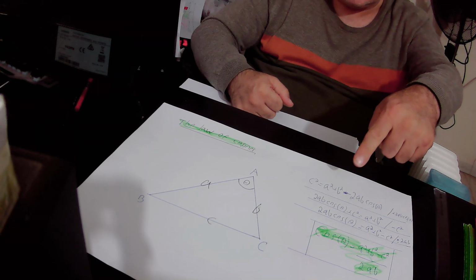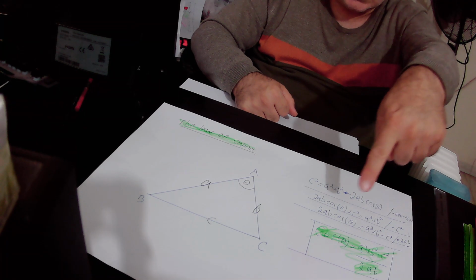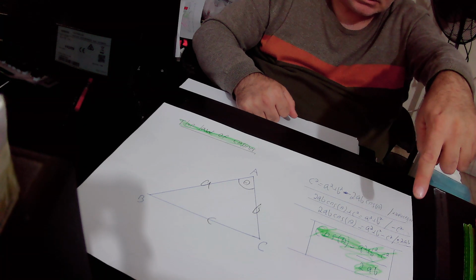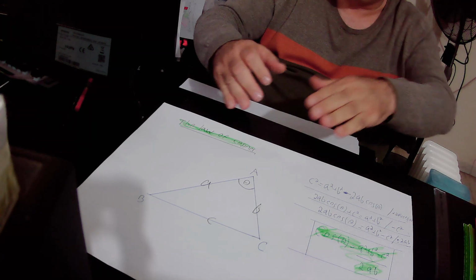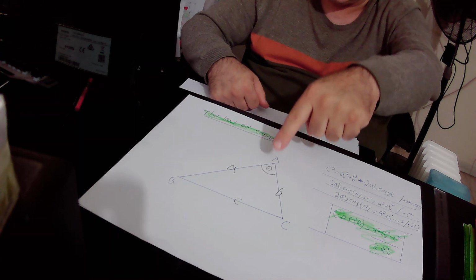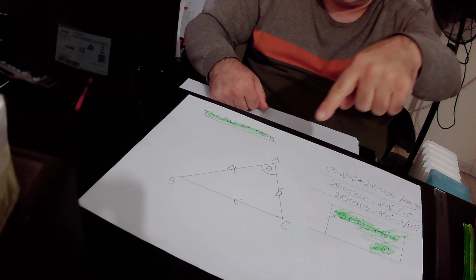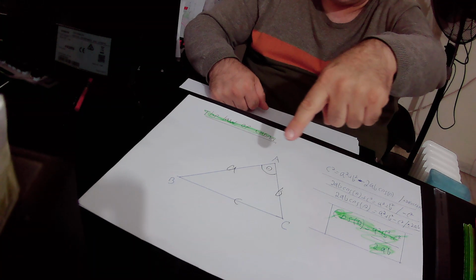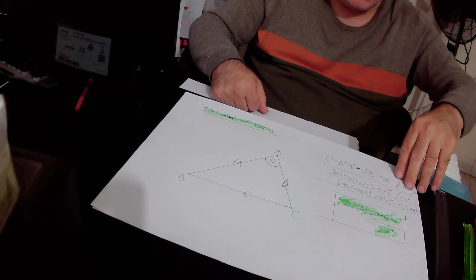Then we'll divide this equation by 2 times AB, and finally we'll get that cosine theta equals to A square plus B square minus C square over 2 times A times B. So in this triangle ABC, that could be any triangle, cosine theta equals to A square plus B square minus C square over 2 times A times B. So we implement the law of cosines.